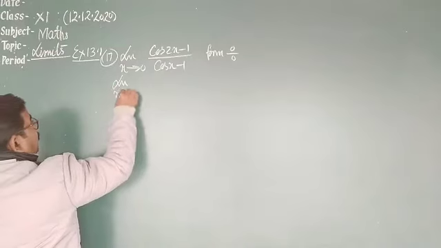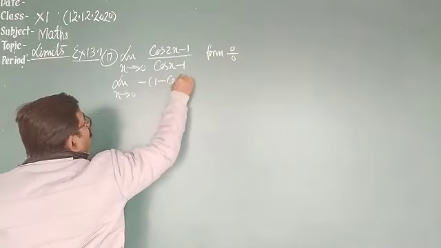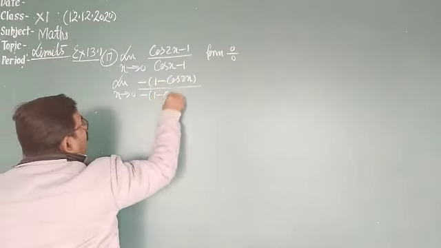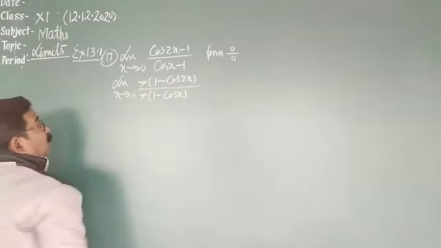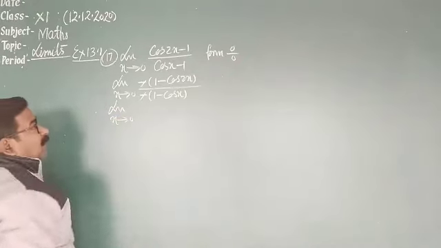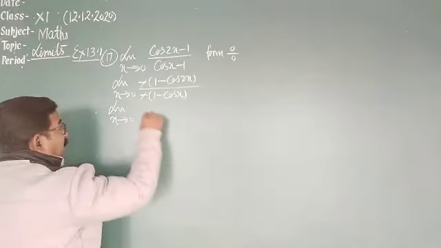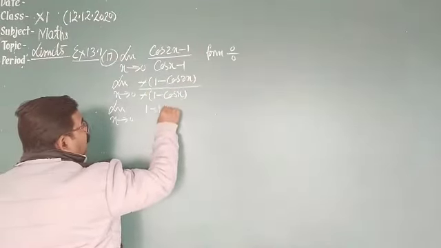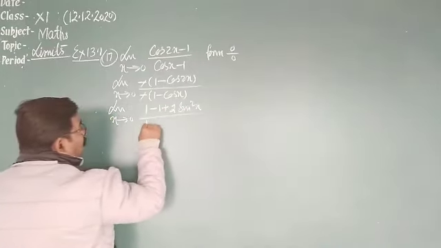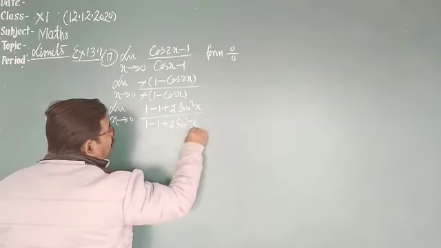See, limit x tends to 0, take the minus sign common. So we have (1 minus cos 2x) upon, taking the minus sign common, (1 minus cos x). This minus and minus will go. Now apply the formula of cos 2x such that this 1 can be removed. So we can write 1 minus 1 plus 2 sin square x upon 1 minus 1 plus 2 sin square x by 2.